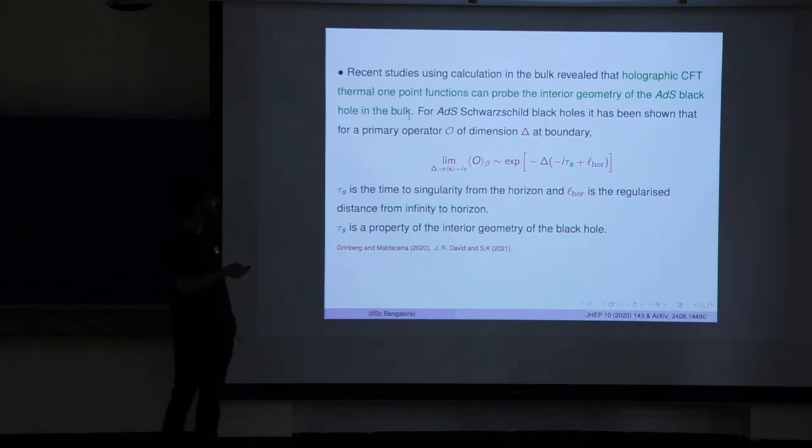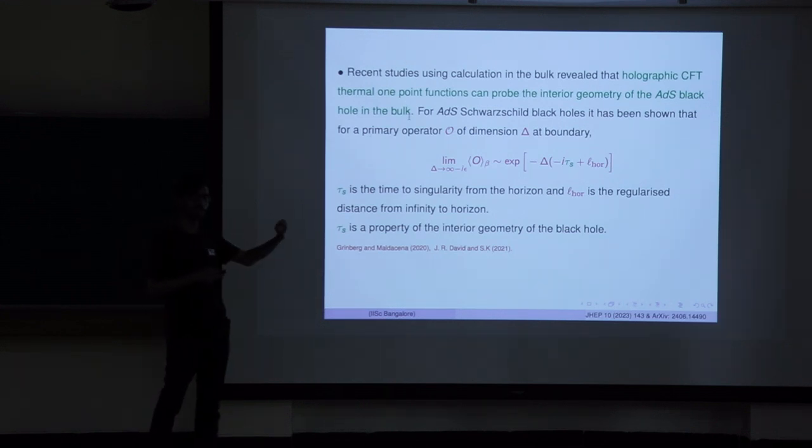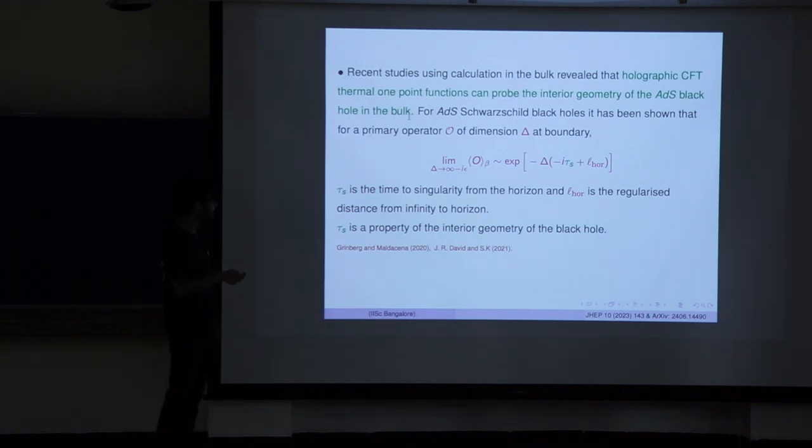What is tau? If you put a free particle on the horizon of this AdS Schwarzschild black hole with zero velocity, it will eventually fall into the singularity. How much time it takes to fall into the singularity starting from the horizon, I am calling the time to singularity, and that is a property of the interior geometry of the black hole.